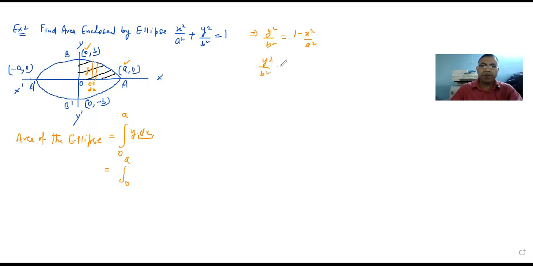Y square over b square is equal to a square minus x square upon a square, which implies y square is equal to b square upon a square times a square minus x square, and which implies y is equal to b by a under root a square minus x square. So I'm going to write here b by a, square root of a square minus x square, dx. Take b by a outside.